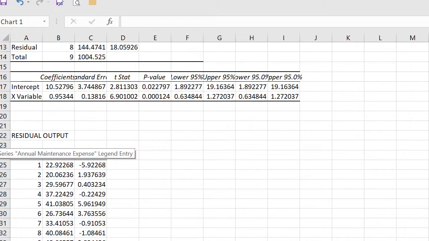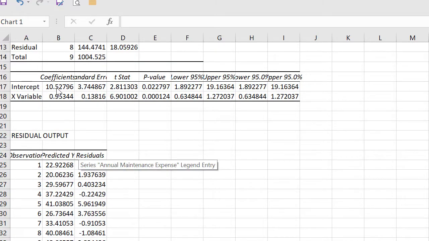If we look at B sub 0, we would assume there is an X of 0, meaning the weekly usage is 0. The annual maintenance expense would be $1,052.80 if you round up slightly. And this is the estimate.